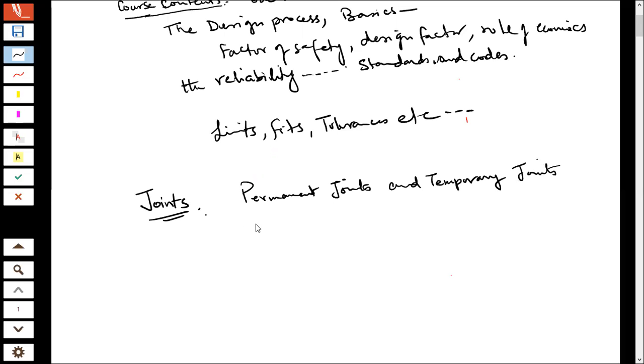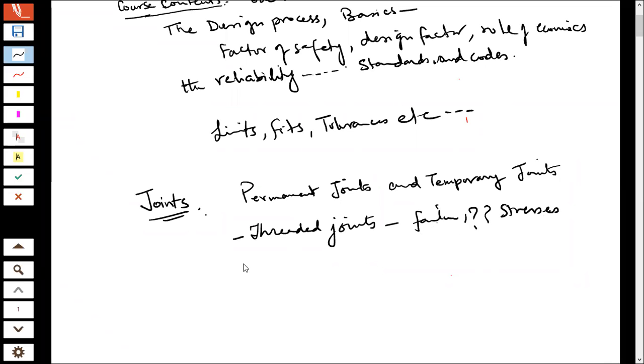In the temporary joints, we will talk about threaded joints, the design of threaded joints, such as calculating the stresses and what kind of failure can occur, and so on.